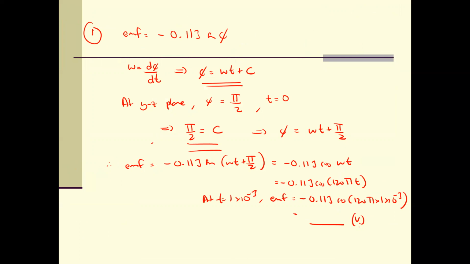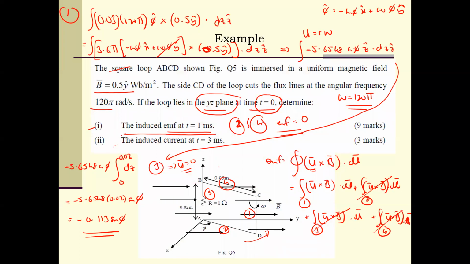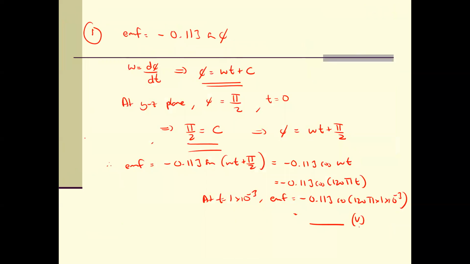And for part 2, which is to find the induced current at t equals 3 milliseconds, knowing that for this particular loop we have a resistance of 1 ohm, at 3 milliseconds the EMF generated will be negative 0.113 cosine of 120 pi multiplied by 3 milliseconds.